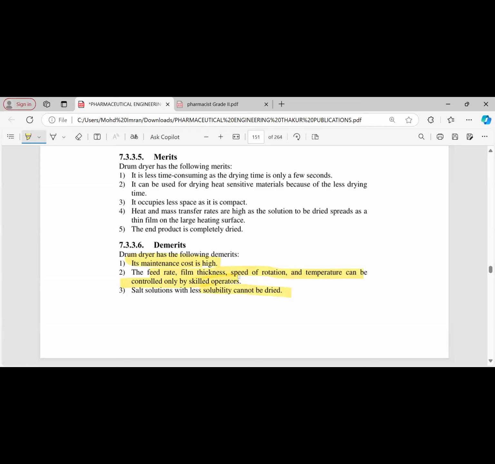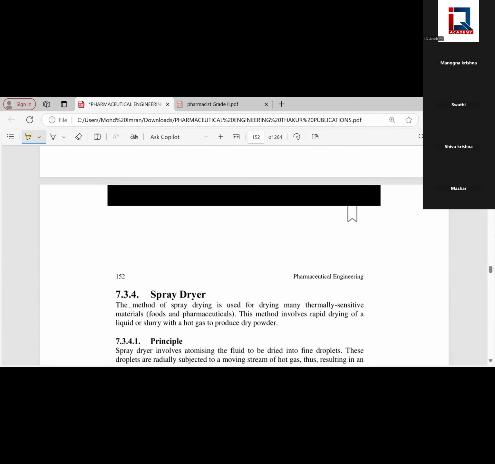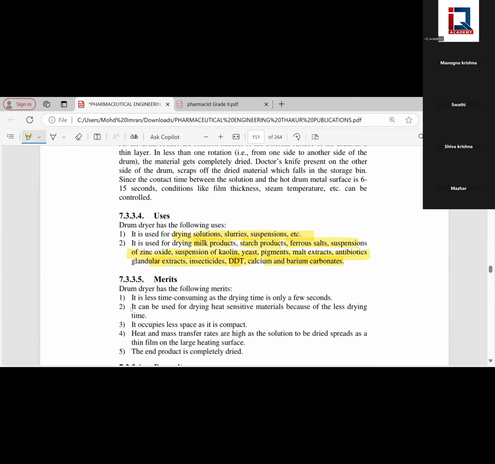If the operator is not skilled, if the operator is not talented, then he cannot control these parameters. So the rate of feed, film thickness, speed of rotation, and temperature can be controlled by a skilled operator only. So that thing should be remembered. Okay, these are the merits and demerits of the drum dryer.